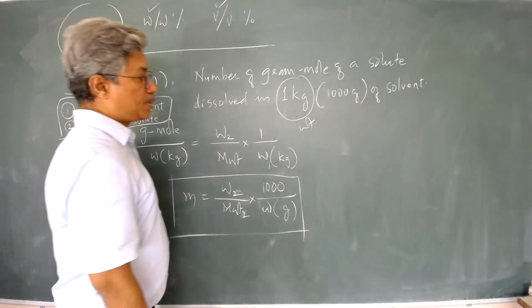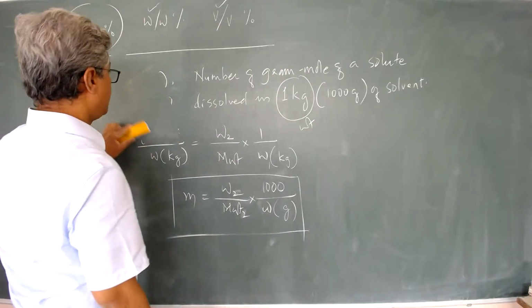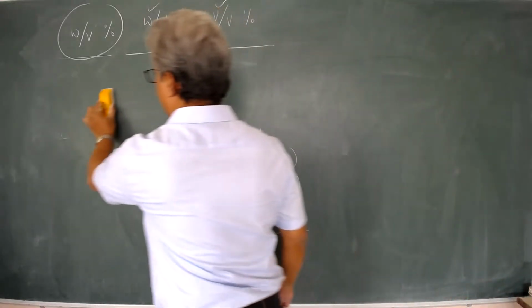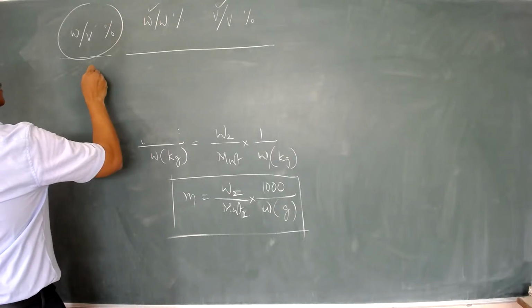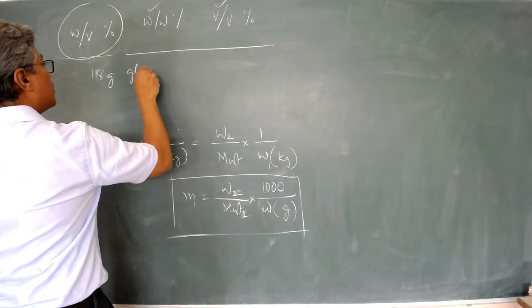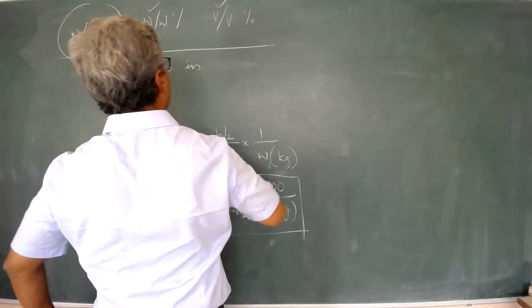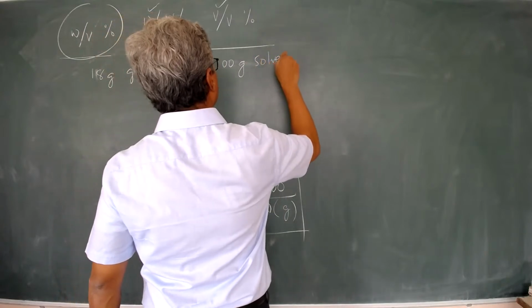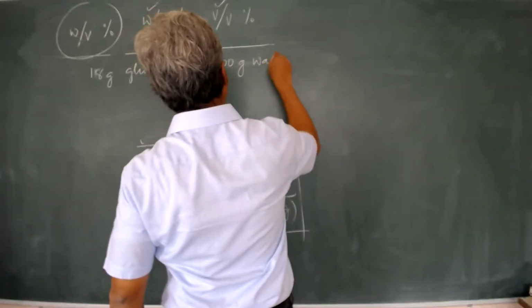Here, we'll take one example. Suppose 18 gram of glucose is dissolved in 100 gram of solvent, say 100 gram of water.